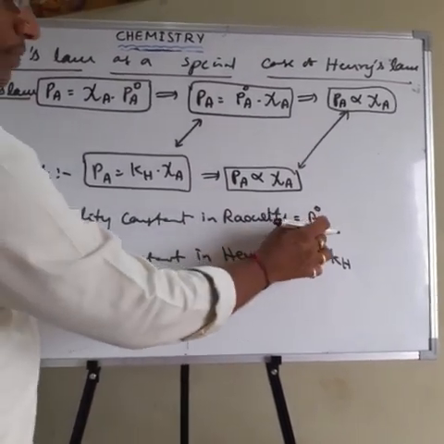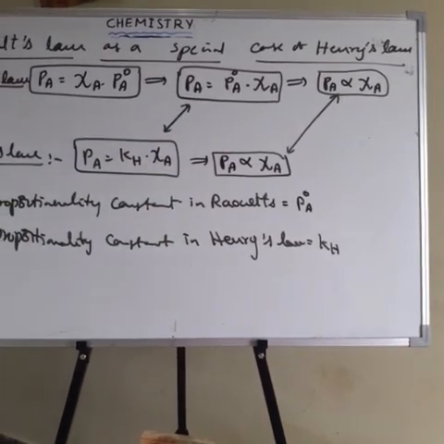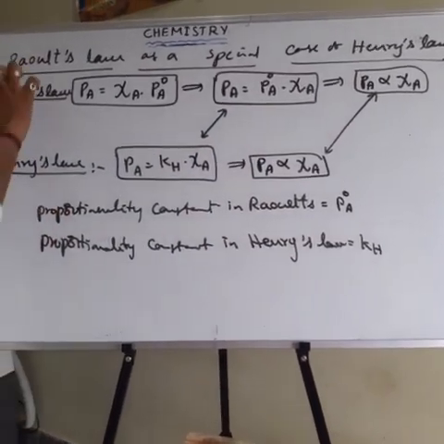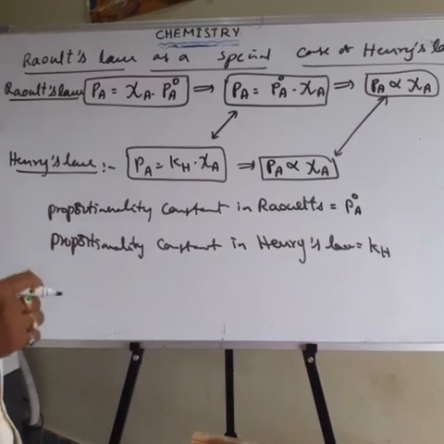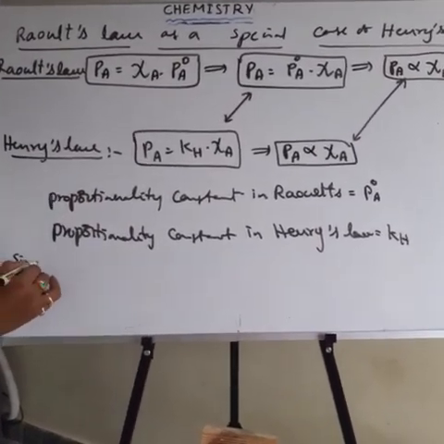Only the proportionality constant differs, the rest is identical. That's why Henry's law and Raoult's law have some similarities and also some dissimilarities. First, what are the similarities?